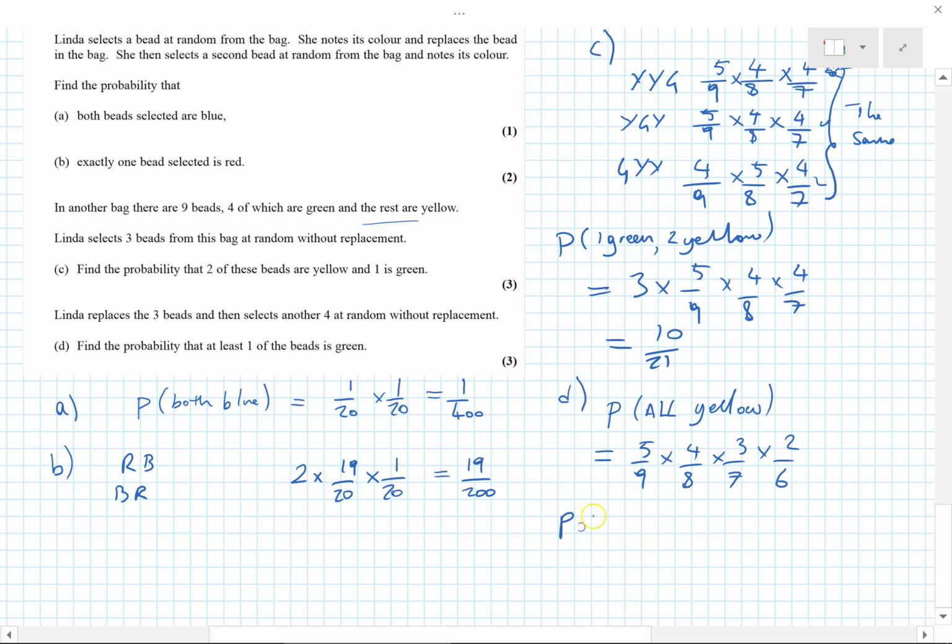So then the probability that at least one is green is equal to 1 minus that number. So that's equal to 121 out of 126.